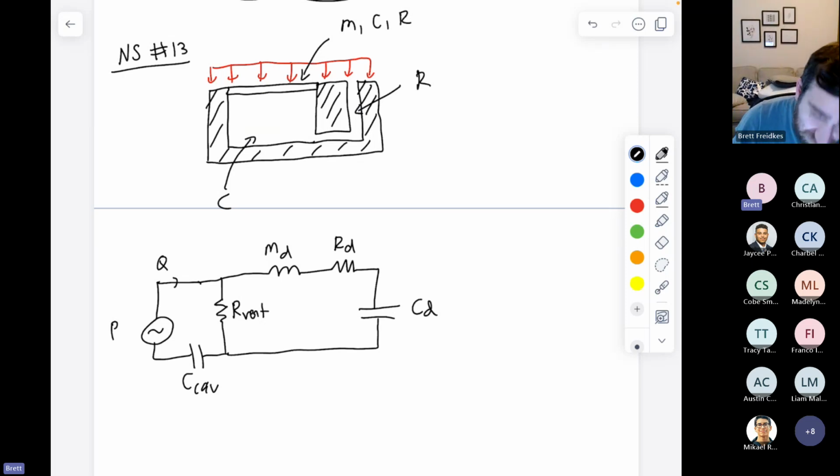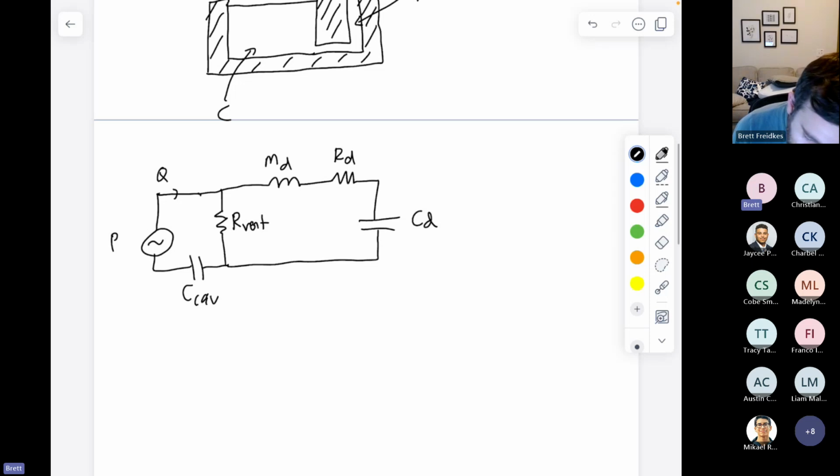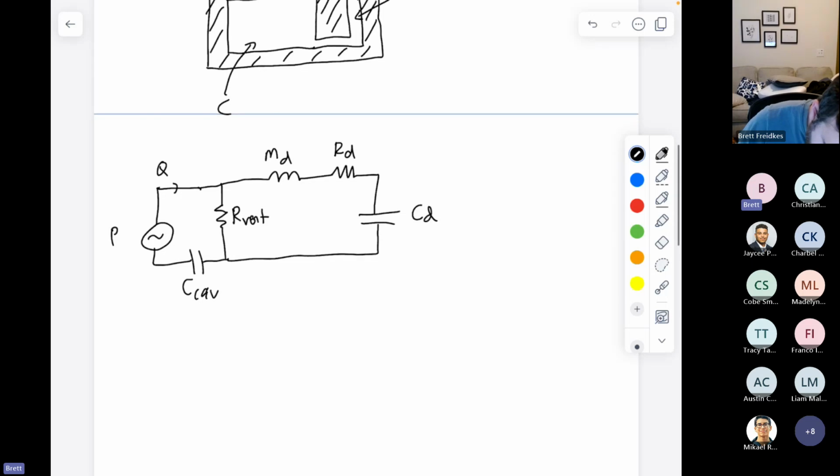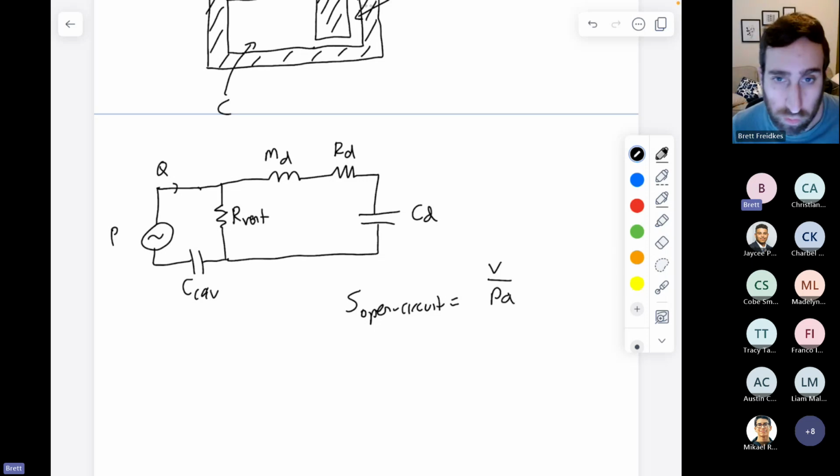So we discussed a bunch of different sensitivities, basically relating domains in a sense. We had our overall sensitivity, which was our open circuit sensitivity, which was volts per Pascal. That was kind of the overall circuit where we had some Pascal input pressure and some voltage output in the electrical domain.